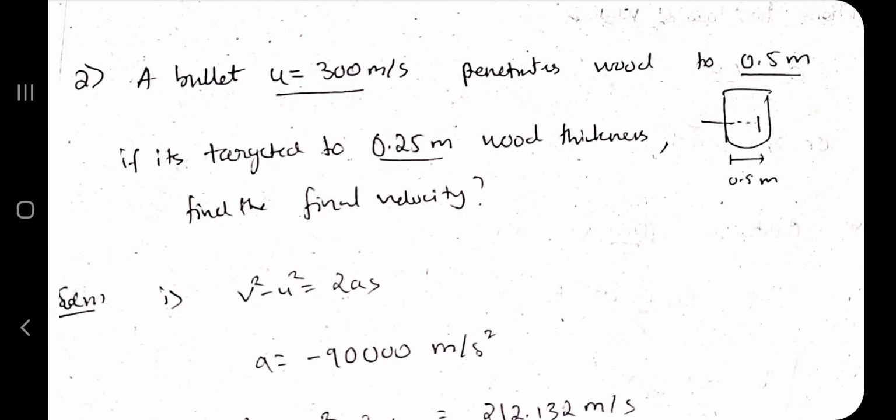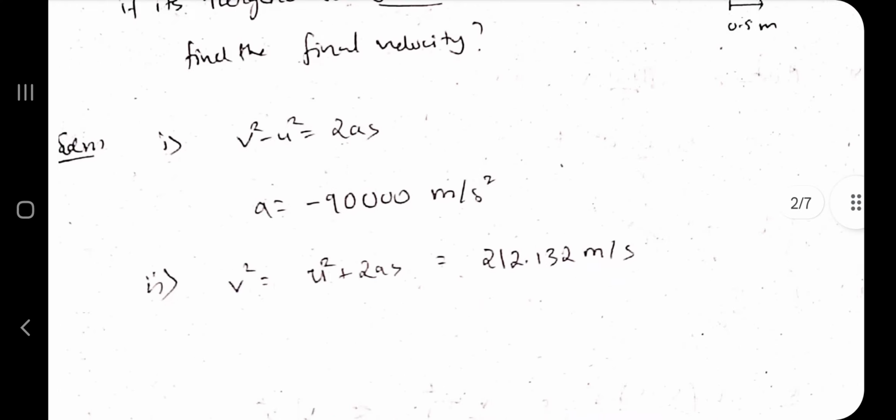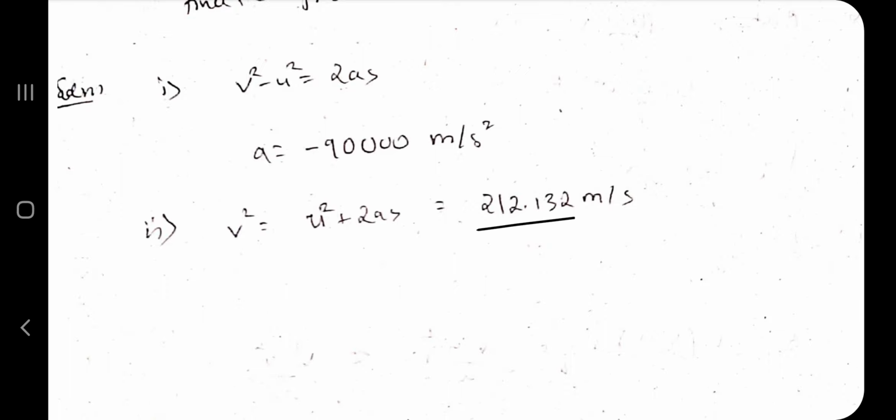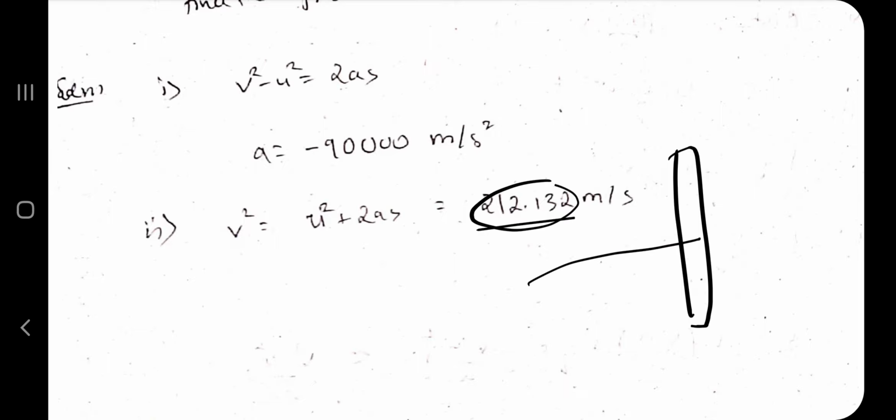Then again we substitute 0.25 meter in this equation to find out the v value. So we will get v as 212.132 meter per second. So if it is 0.25 meter thick, then the bullet will come in at 300 meter per second, and it will come out from the other end at 212.132 meter per second.